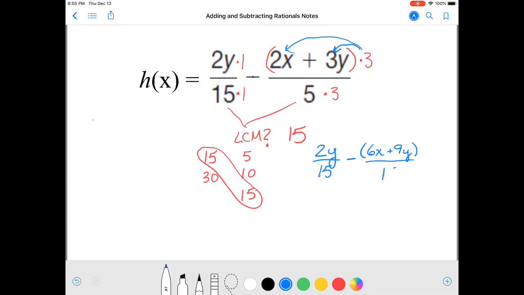And those will both be over 15. Now that we have the common denominator, we can subtract 6x and 9y both from 2y in our numerators.